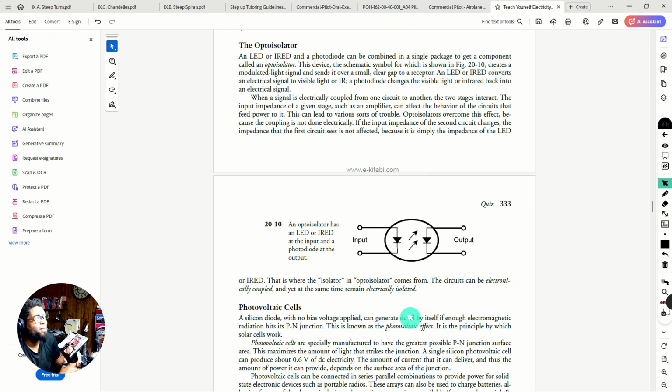So you might use something like an opto isolator, where you can separate those impedances, but you can still preserve the signal that was there. Not all devices want to talk to each other, and we'll break that down more and more.